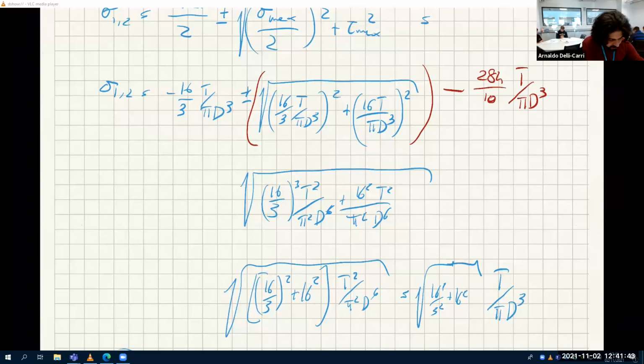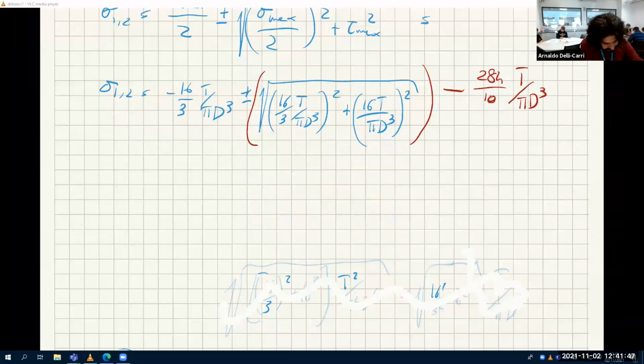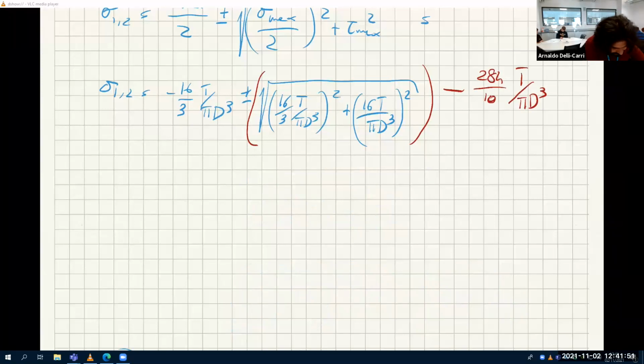So sigma 1, so let me take this out. Don't need this anymore. I was just doing some algebra. So sigma 1 is 284 divided by 10 minus 16 divided by 3 t pi d cubed.